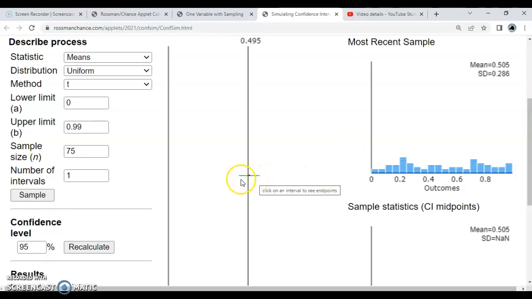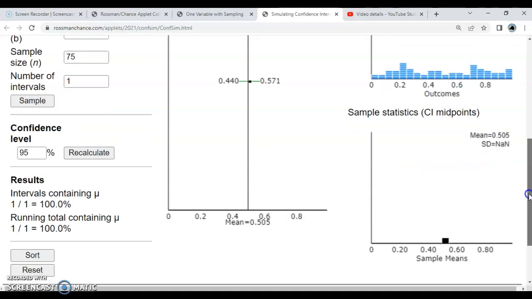Now, notice this green bar right here. This is the confidence interval. It's kind of just a visual of it, right? If I click on it, you can see the ends of the confidence interval. So this confidence interval ranges from 0.44 to 0.571. And this little black dot in the middle is the average of that sample.